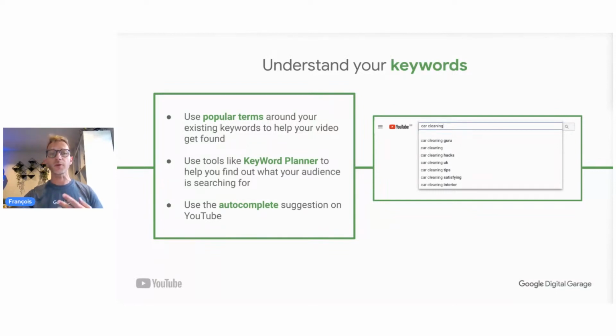So you open Google Ads Keyword Planner and you can type certain keywords and it will give you a lot of other keywords related to it. Google Trends will tell you what is working, what is trendy for the time of year you are planning to publish your video. And of course, the autocomplete. If you start typing a word, as you can see on the right-hand side, you will find suggestions as well.